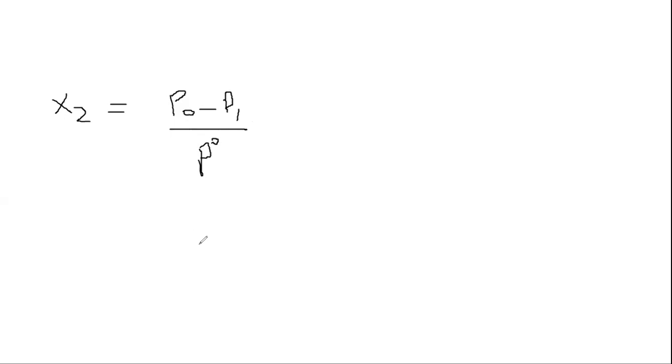And this is P naught minus P1. P naught is, remember, the vapor pressure of the pure solvent, and P1 is the vapor pressure of the solvent in solution, or simply you can call it the vapor pressure of the solution.